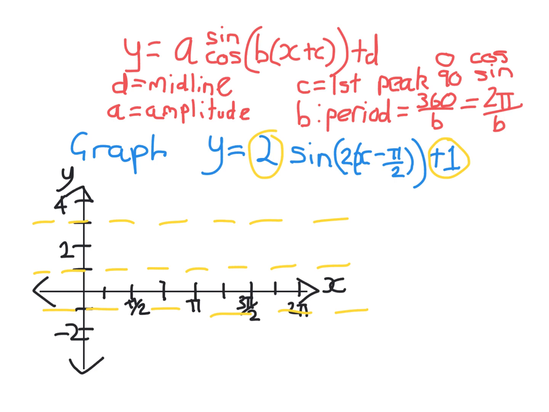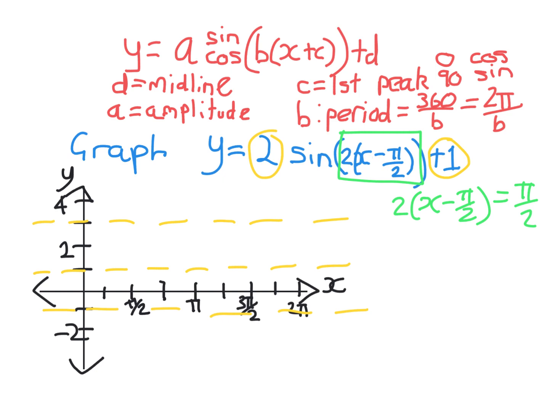Since the peak of a sine graph occurs when its argument, the thing you're putting inside the sine function, equals pi on 2, we're going to solve the equation 2 outside of x minus pi on 2 is equal to pi on 2. Because if this whole bracket equals pi on 2, you are at a maximum. Sine pi on 2 is the maximum.